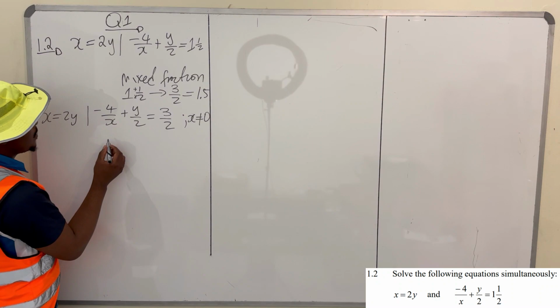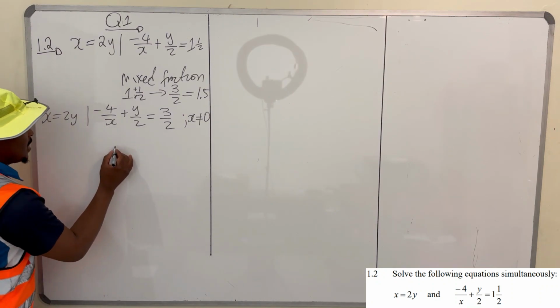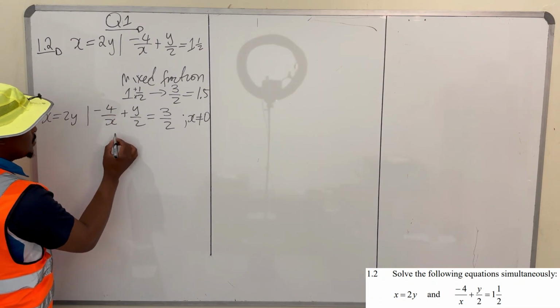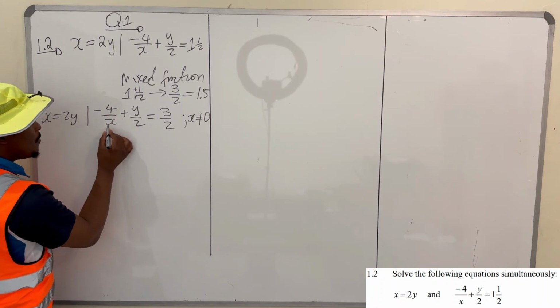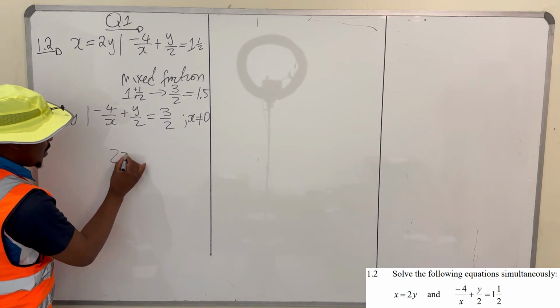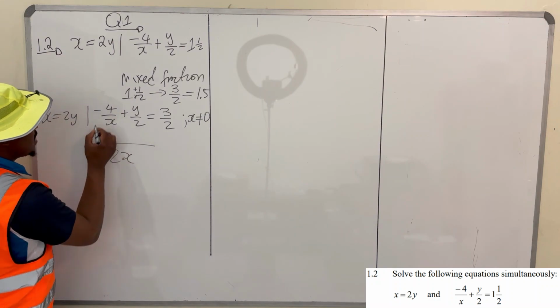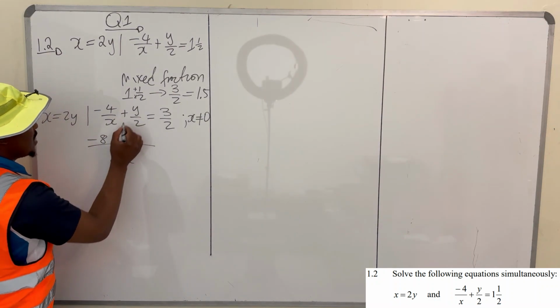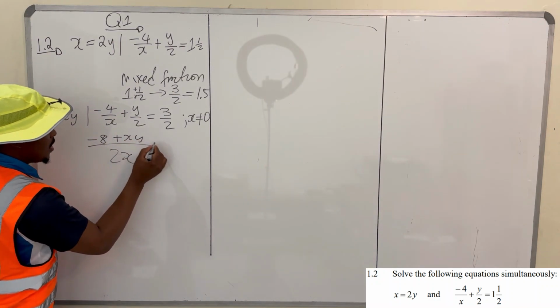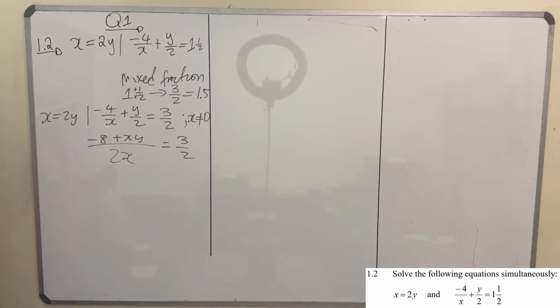What do I do? I'll start with this side only. My LCD, lowest common denominator, is 2x here. 2x times this, and then cross multiply. 2x times that, minus 8, plus xy is equal to 3 over 2. Are you with me? Yes.